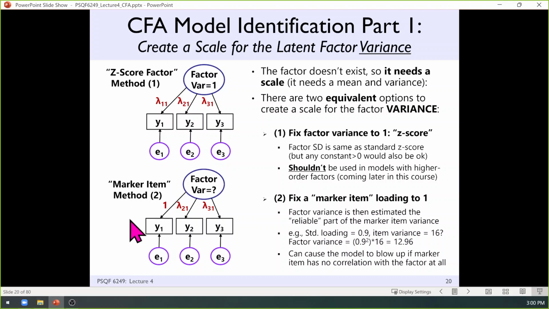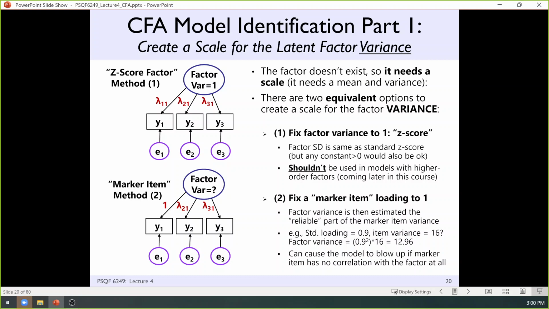If I choose to do it the other way, where I make item 1 a loading of 1, then the loading of item 2 might become 1.4 instead of 1, because item 2 is better. So these numbers are not really numbers. They're all relative. It's just you're giving the scale an anchor point to start from as your variance. So it doesn't matter.